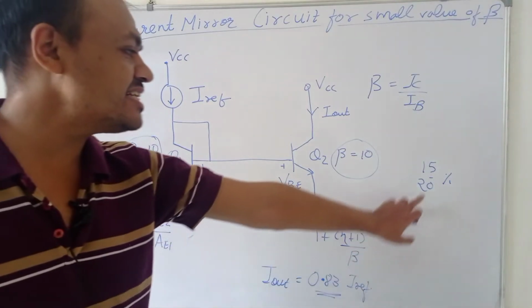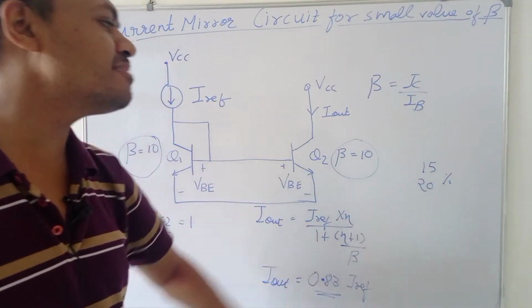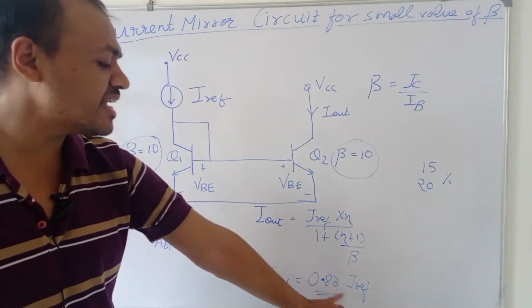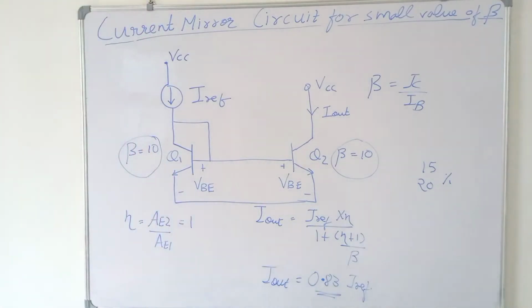But here the percentage error is between 15 to 20%, because I out is only 0.83 of IREF. So in this circuit, there is a large error between the value of I out and IREF.